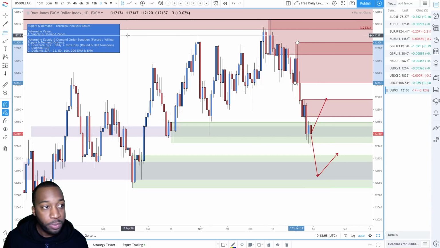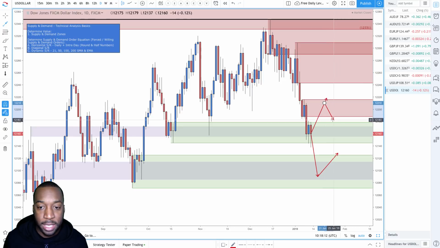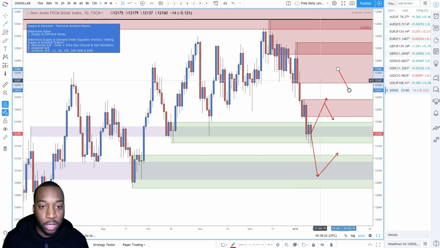So if you're looking to sell the dollar, you'd be waiting for prices to really come back up into here before looking to sell on any of the dollar crosses. If not, here would be an area that you'd be looking for.